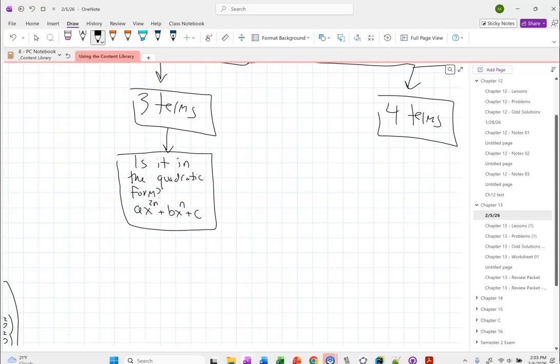So the first thing we're going to ask ourselves, is our polynomial in the quadratic form?